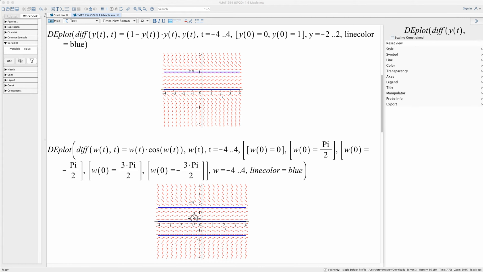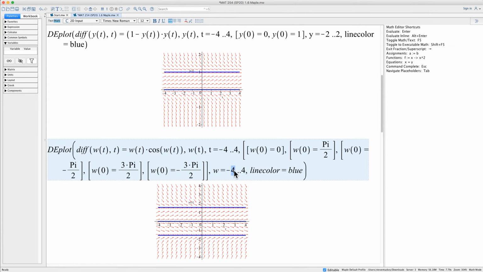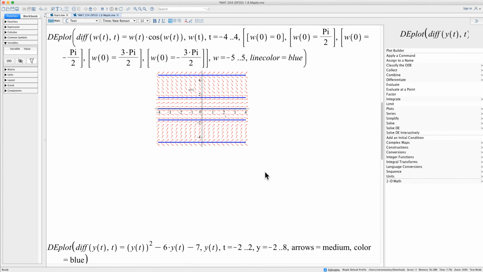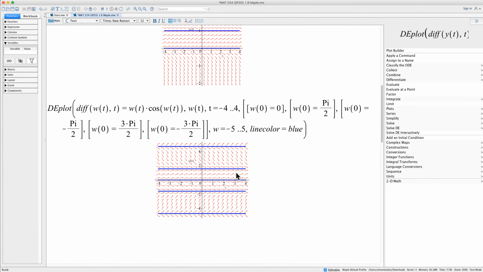So we can see w equals 0, w equals pi over 2, w equals negative pi over 2, and I put in w of 0 equals 3 pi over 2 and negative 3 pi over 2, but I don't think I gave myself enough room here. So let me go up to 5 and negative 5 for w. And there we are. There you can see them. You can see my solutions, my equilibrium solutions.